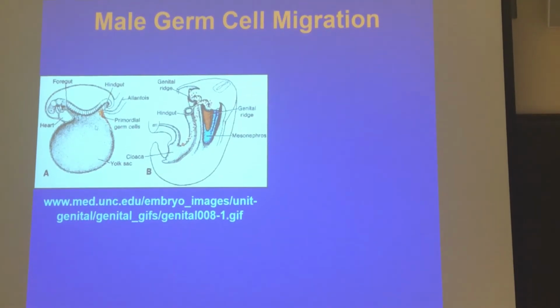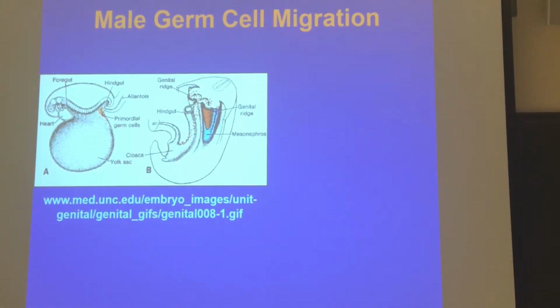This is showing you what happens in terms of the germ cell migration from, again, outside the embryo proper. It ends up migrating along the vessels leading into, and the structures leading into the hindgut.